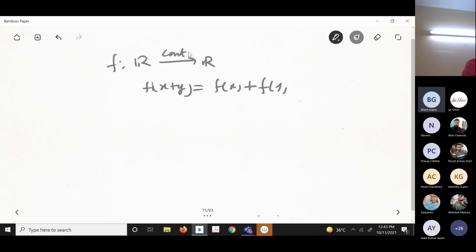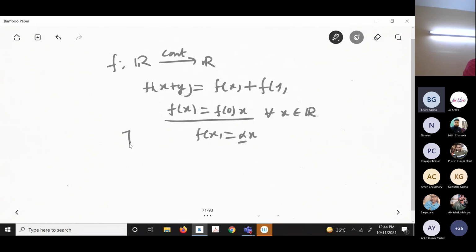If it is continuous, you can prove that f(x) has to be equal to alpha x. There exists a constant alpha such that for all x, f(x) equals alpha x. That means f has to be a multiple of the identity function if f is continuous. This much you can prove. This is not difficult.